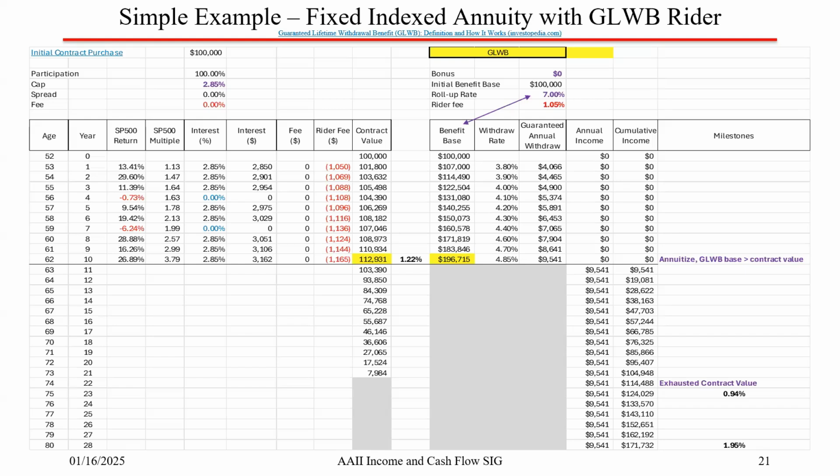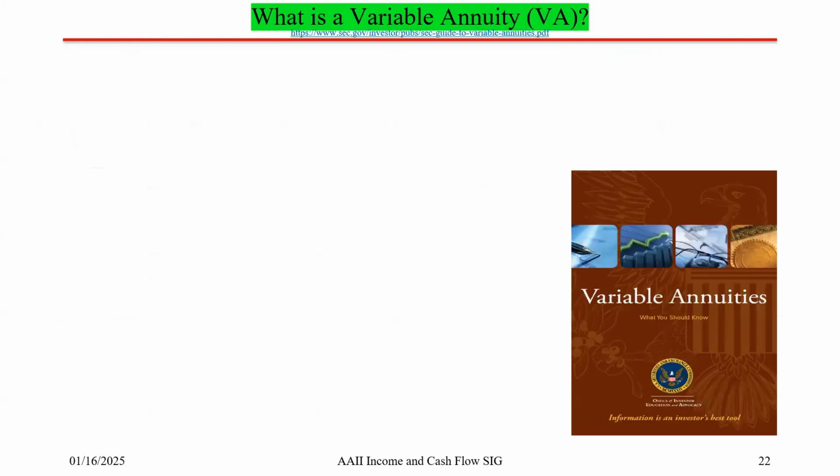So in this case, the income rider seems like a good deal versus if you didn't buy it. Of course, in this case, we have a rider fee here. Okay, so those are the fixed indexed annuities.